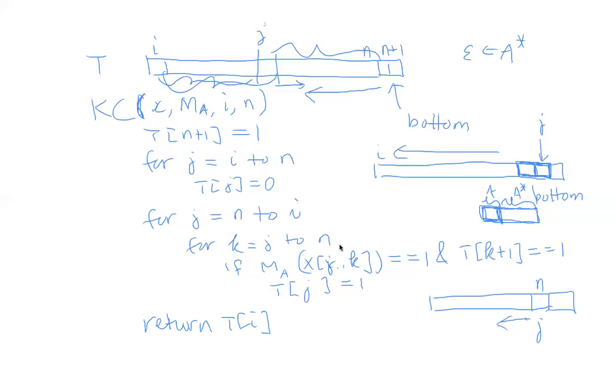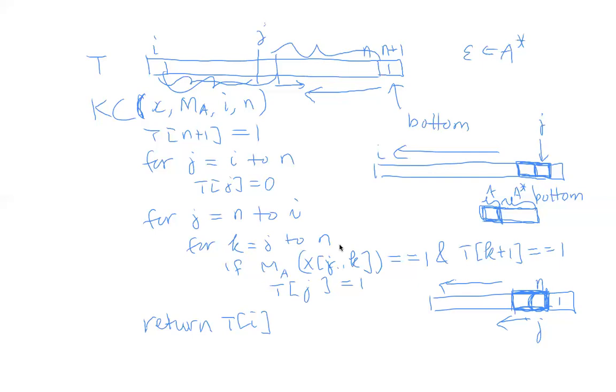Now this is already determined, and then we want to decide what the value of t of n is, and then we determine what the value of t of n minus 1 is. So if t of n minus 1 is 1, that means this portion, this suffix, is in A star. And then we continue to move down.